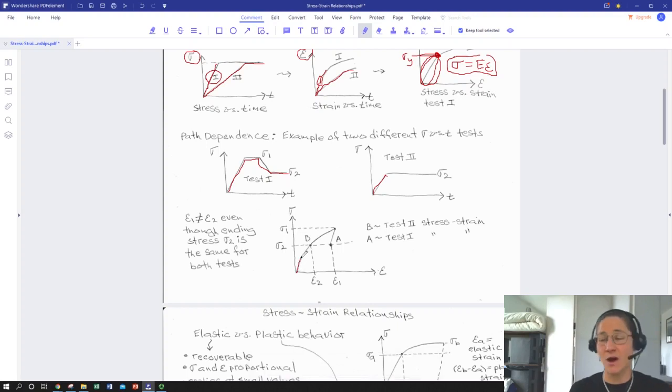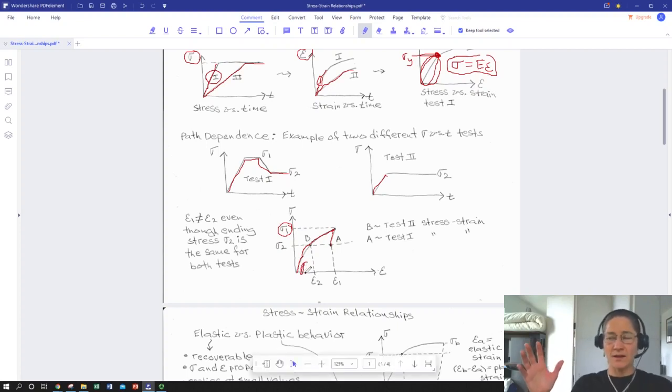We would go through our elastic regime. But if we yielded, we'd go through point B, we'd go all the way to point A, corresponding to our high stress, our sigma 1 up here, and then we'd back off to sigma 2, and when we backed the stress off, we would follow a straight line that's parallel to our elastic path back here.